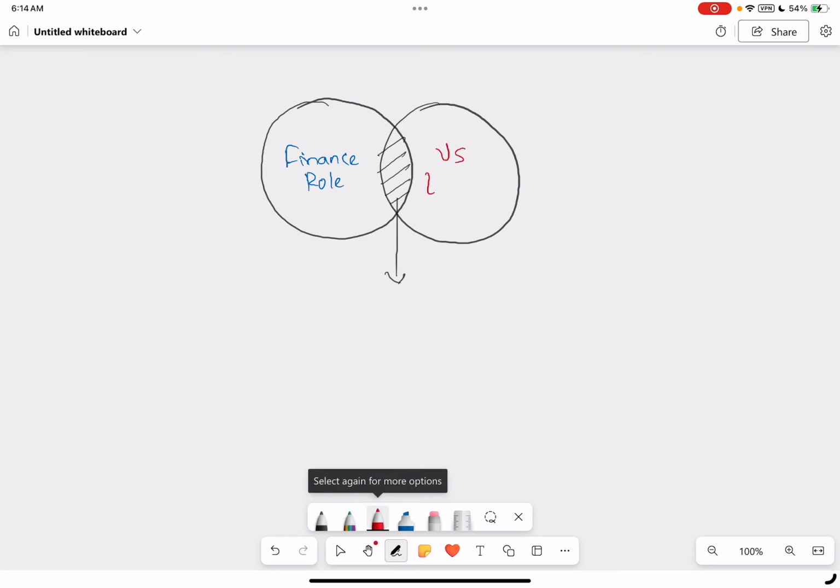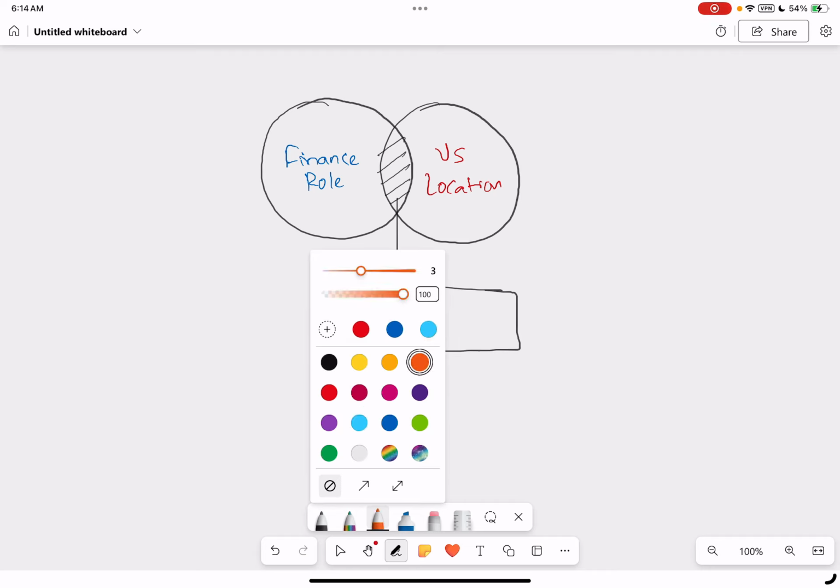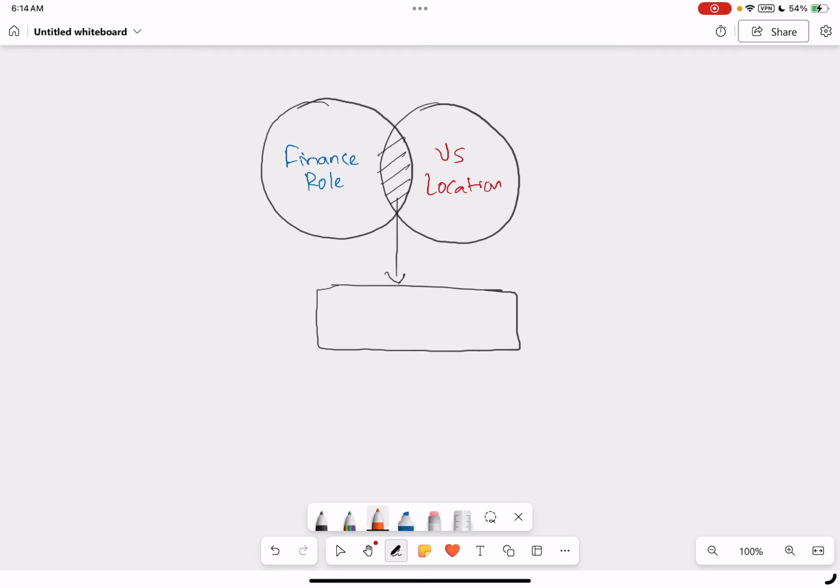This is the US location. This is the intersection security group.